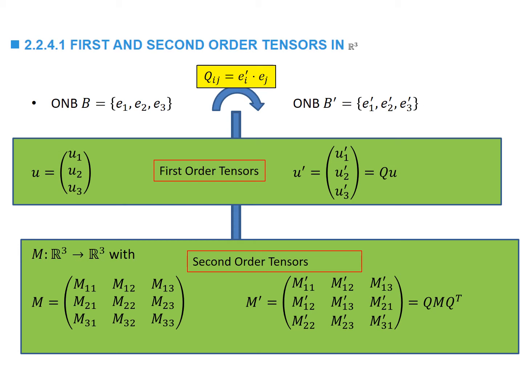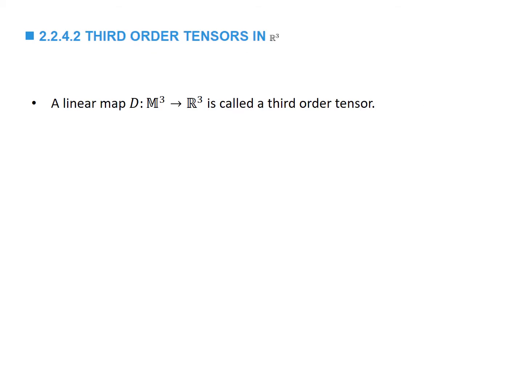Third and fourth order tensors can be envisioned that way, as linear maps that have 3 or 4 subscripts, as will be shown in the next few slides. Let's consider a linear map that takes matrices and gives you vectors.